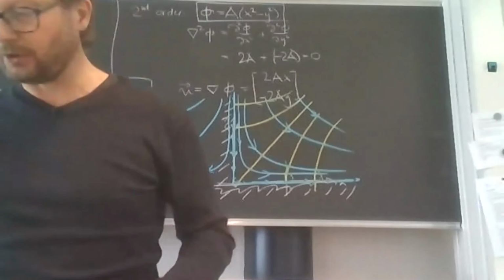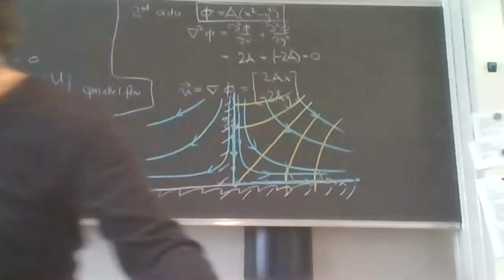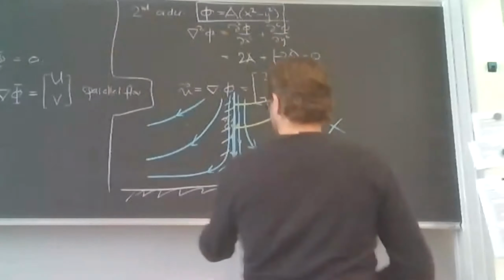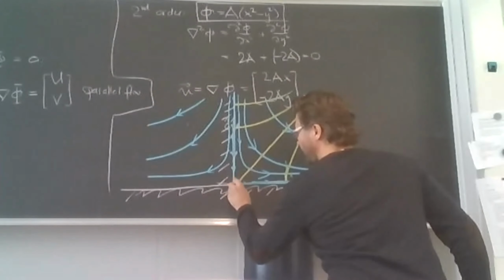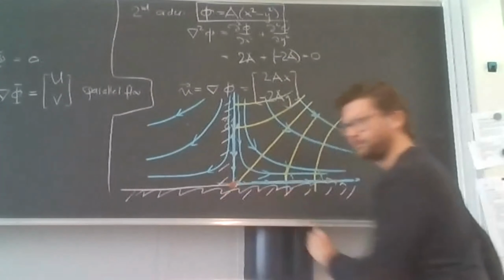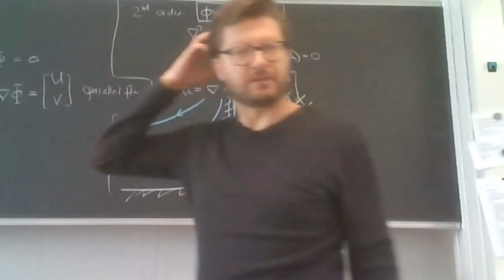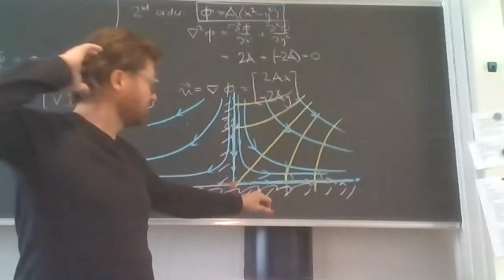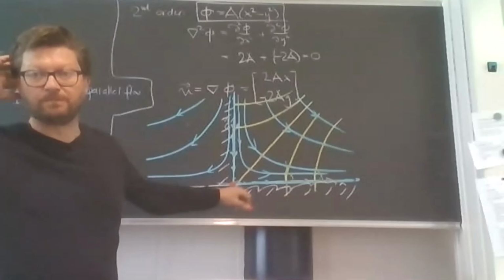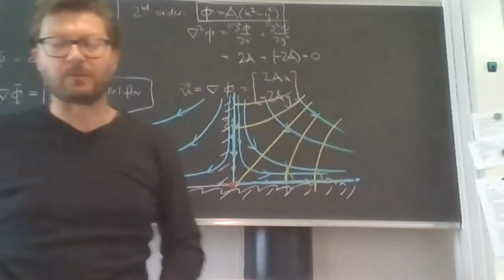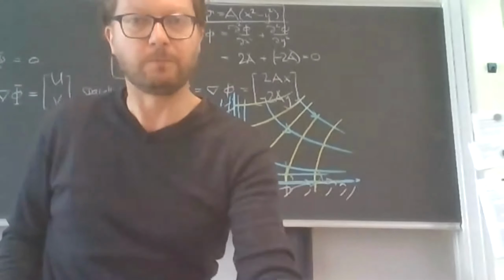Why stagnation point flow? Well, because here, let me use a different color, because here we do have a stagnation point. Here the velocity goes locally to 0. That's the stagnation point. That's why this is called stagnation point flow.